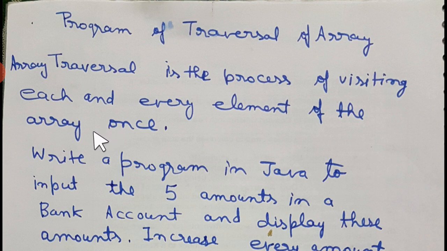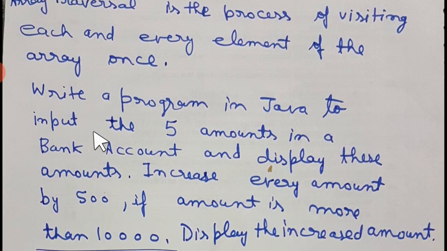Now in this program you will see that we have to update certain amounts stored in the bank account. So write a program in Java to input the 5 amounts in a bank account and display these amounts. First you will create an array of size 5, then input the amounts, and then display.